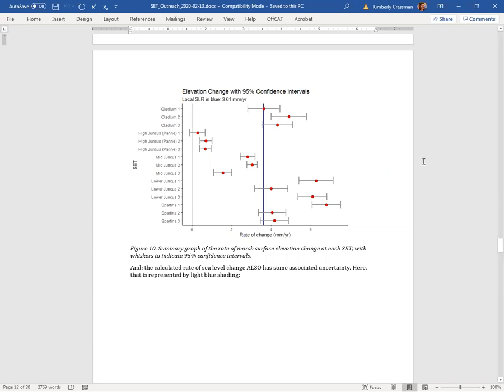The way that I've been explaining it to the educators I work with is the wider those whiskers are, the less certain we are about that rate. So we have more uncertainty about the rate of this set than we do about the rate of this one that has narrower whiskers and a narrower confidence interval. So that's a layer that we build on and build this up.